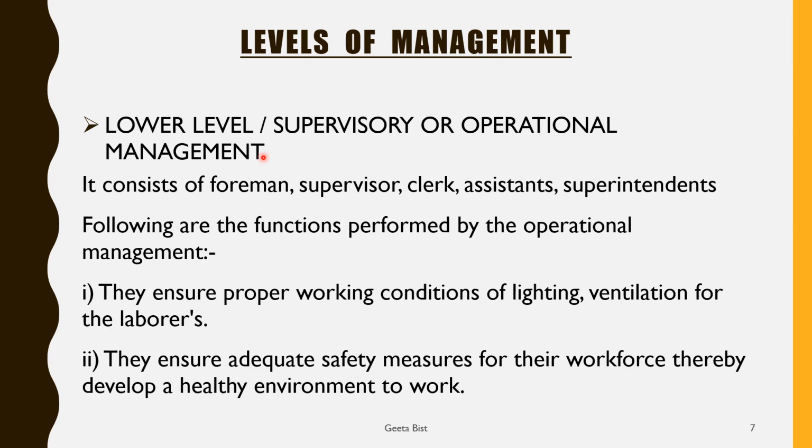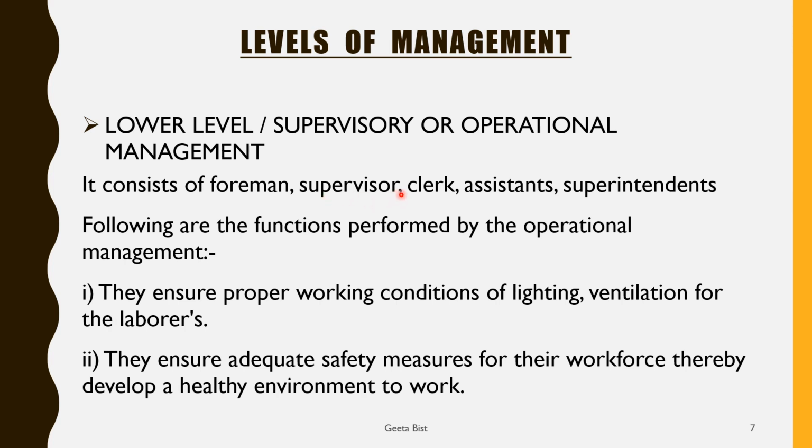And in terms of positions, it would consist of foreman, supervisor, clerk, assistants, and superintendents. These are the people who play a key role because they are in direct touch with the workforce. Means they come in direct contact with the workforce.